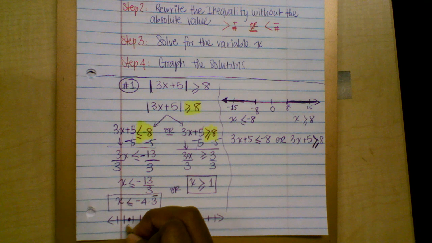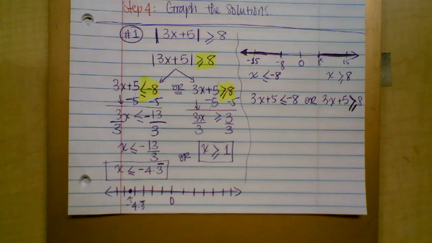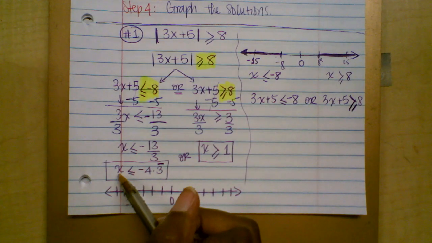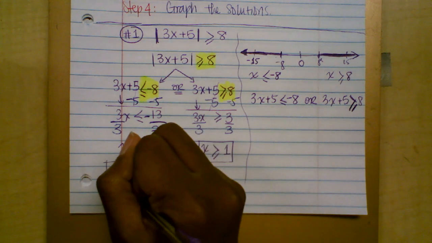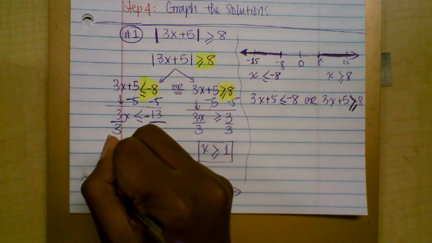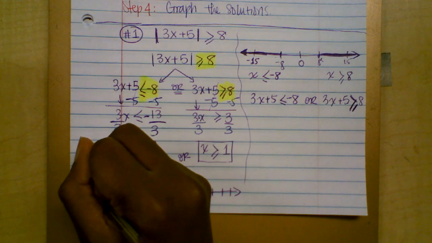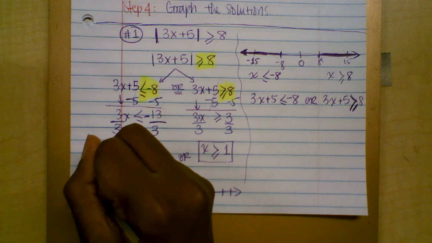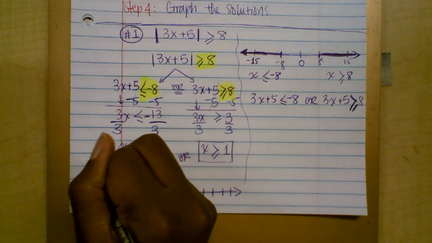So this is negative 4.33 repeating. The x value needs to be less than or equal to negative 4.33, so I'm going to shade all those numbers on the left side, including the arrows. I'm drawing the arrows at the end. Those represent the solution region.